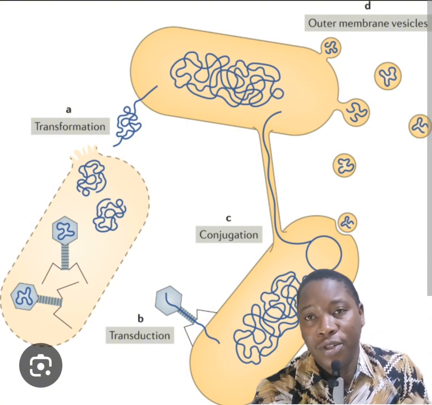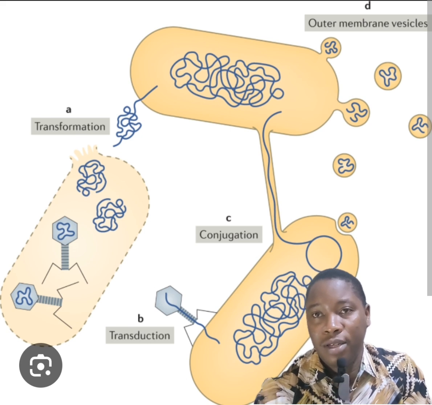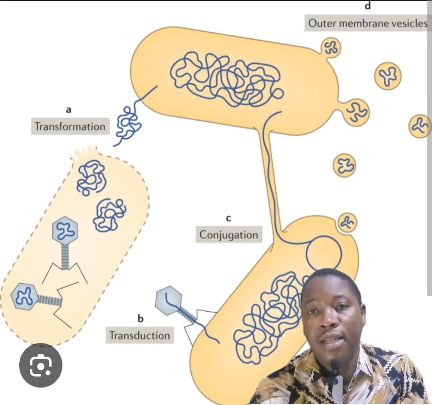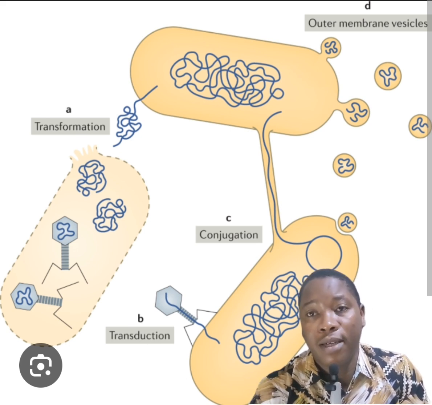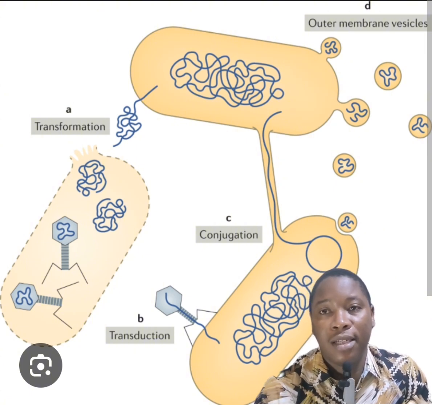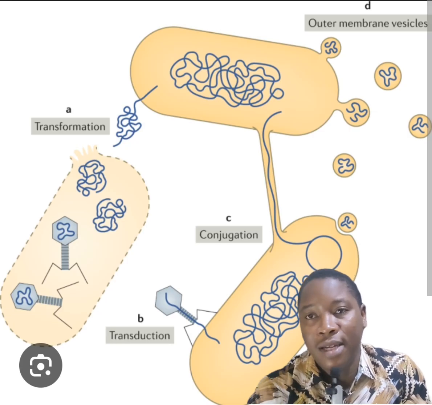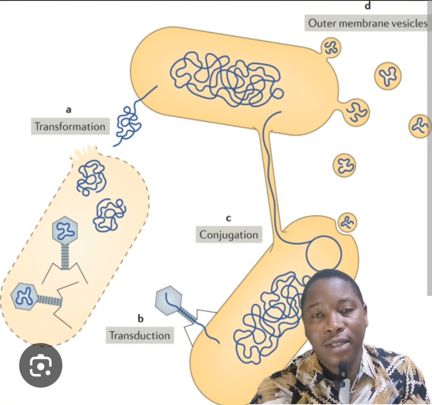Remember that in transformation, the DNA is in solution in the environment, and the living one takes up that DNA. In conjugation, the two bacteria are living, but one is a donor, the second is a recipient, and the donor has the fertility plasmid, F plasmid, and uses it to create a sex pilus, attaches itself to the recipient and gives it the DNA. Simple, it's not difficult.